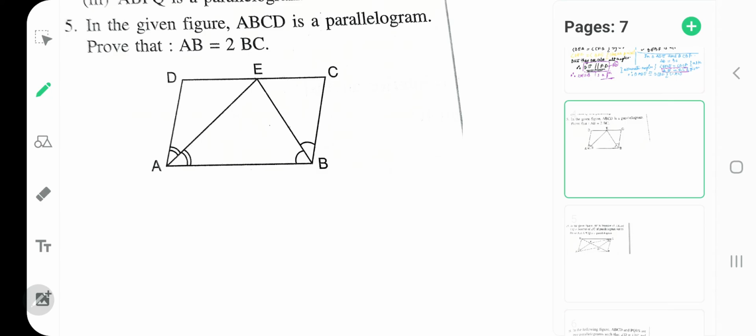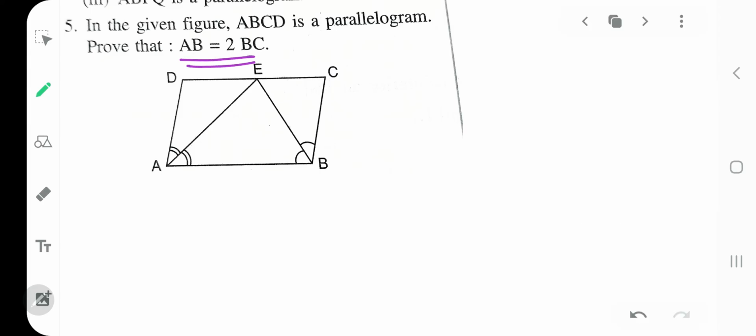Next I'm doing selective problems which are very important. Next is problem number 5 of your topic, which goes: in the following diagram ABCD is a parallelogram. Prove that AB is to BC. So given you have a parallelogram and you have to prove that AB is to BC.